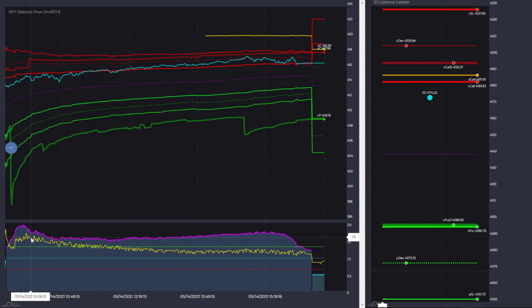So the sentiment is one, but the other is the impact on the market, because sometimes you will see there is a slight bullish sentiment. So the yellow line is above blue, so it's bullish, but it's moderately bullish, and the impact of options is low, like below this green line, or even sometimes below the blue line.